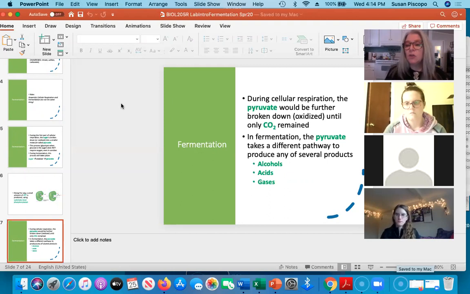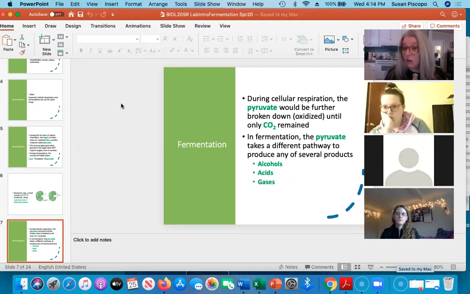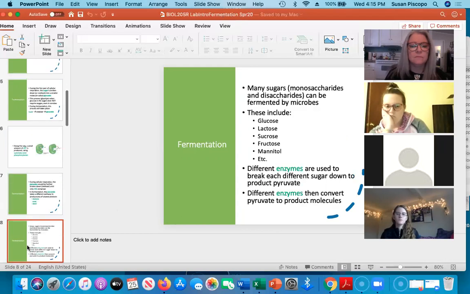The pyruvate is broken down into one of several products, either alcohol or acid or gas or some combination of those. Now, depending on the microbe and depending on what kind of enzymes it has inside of it, those products can really vary. In other words, there are different types of fermentation.